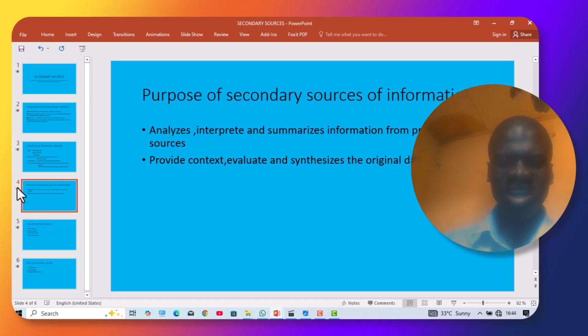We are saying it analyzes, interprets, and summarizes information from primary sources. Here you deal with only summarized, analyzed, and interpreted kind of information. Then they provide context, evaluate, and synthesize the original data from the primary source.